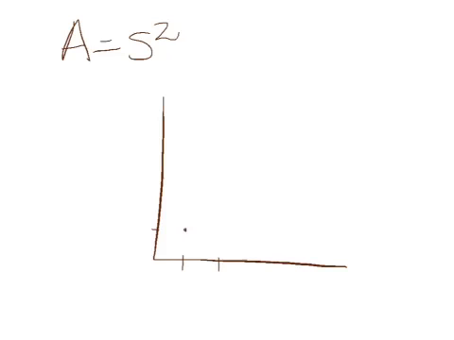If the side length is 2, then the area is going to be equal to 4. And if the side length is 3, then the square area is actually going to be equal to 9, which kind of goes off of our graph here. But what we have is a parabola, not a linear relationship. So this is not a direct variation relationship.